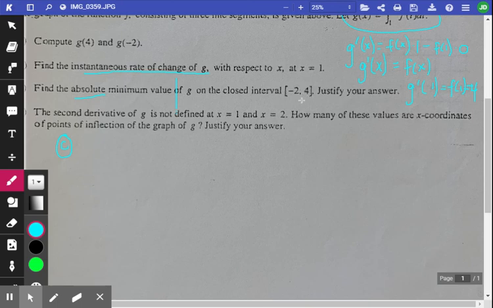So let's first see where our critical values are. And let's remember that our critical values for g are going to be when g prime equals 0 or is undefined. And g prime is the same as f. Let's see, and we're looking for a minimum.